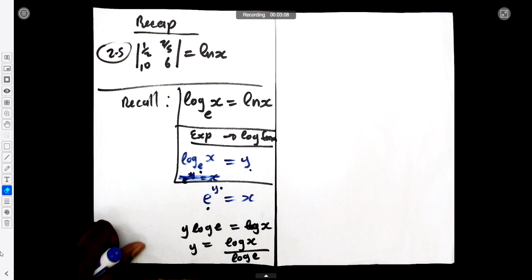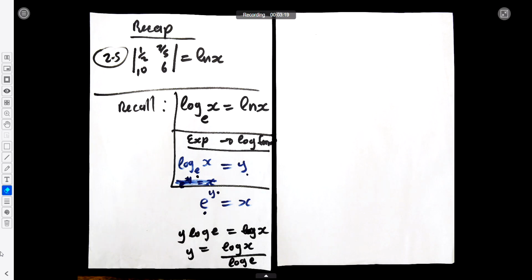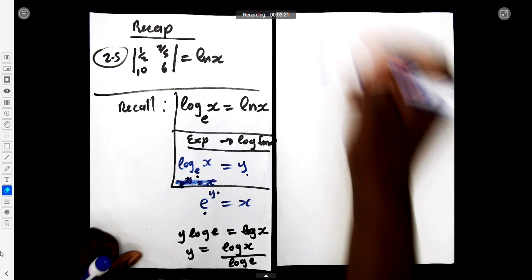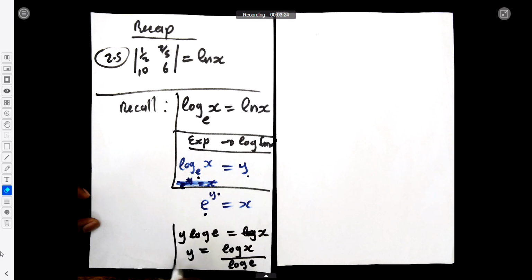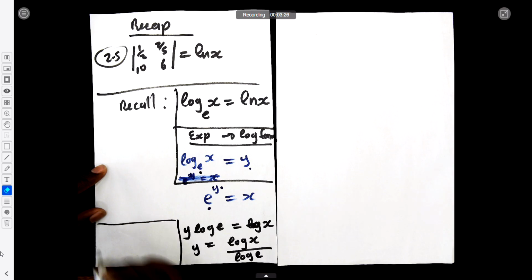The rule states that if you have logs with the same base, I hope you remember that there's an invisible base 10 in both logs, you're allowed to compress it. The one which is dividing will be your base.